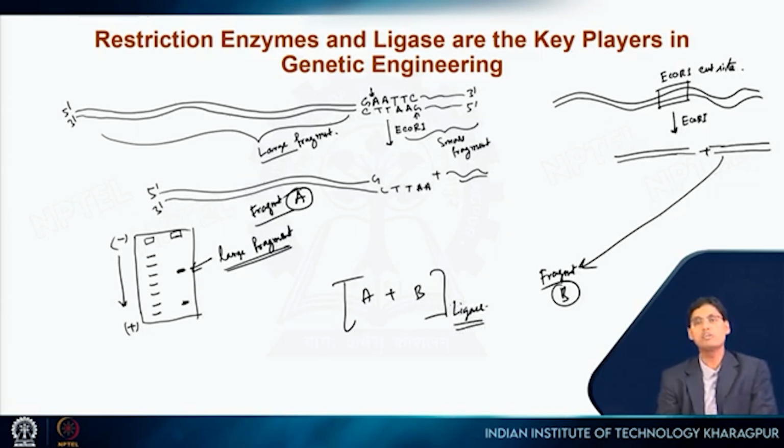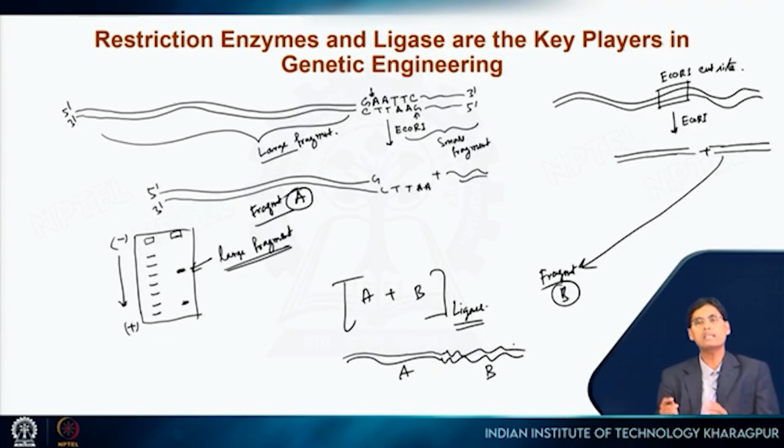So as a result, you will see that this is the A part and this is the B part. Just for representation, I am drawing this way. So this way, now A and B should be attached together.